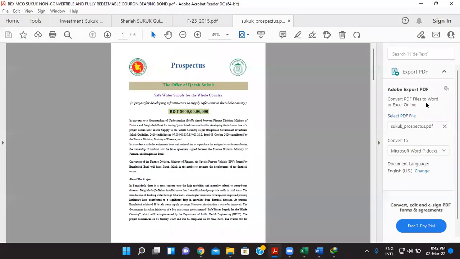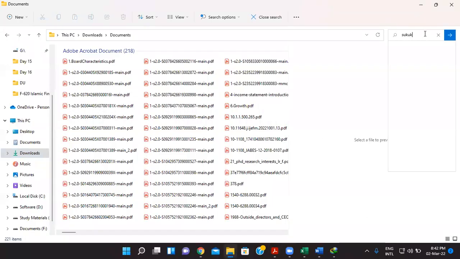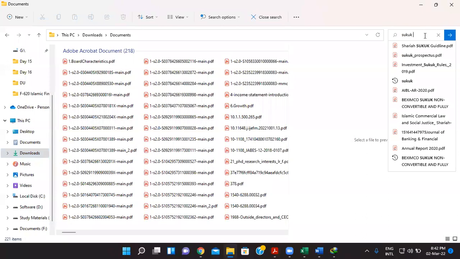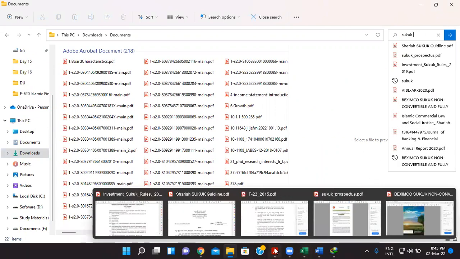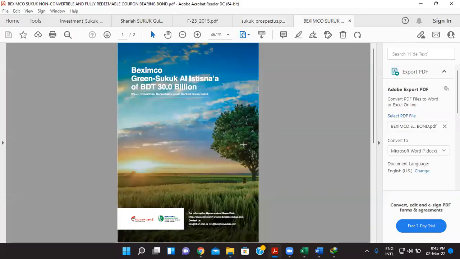Yeah, this one. No, it is the summary document. It is not the main document. Sukuk prospectus, investment Sukuk rules. Okay, it is somewhere, but you can look at the summary document also, to see what are the contents.